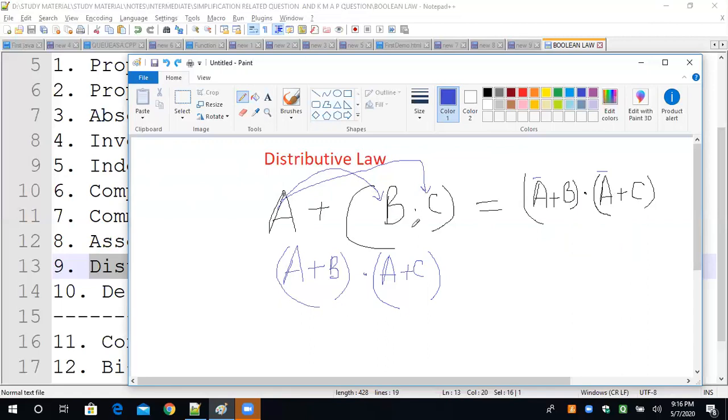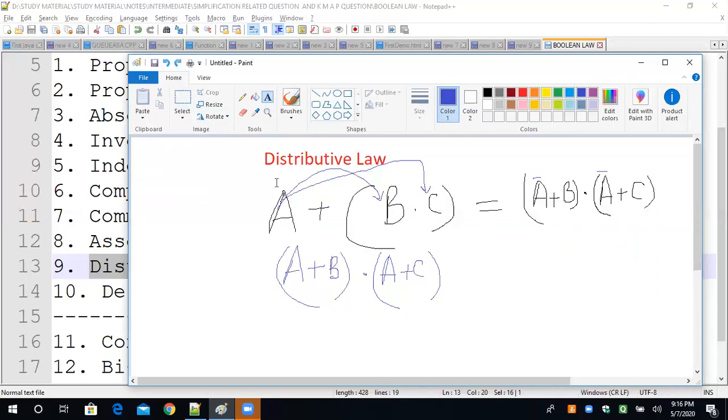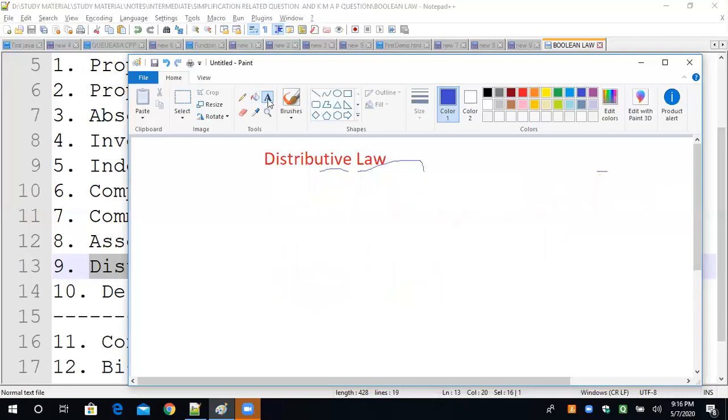Similarly, we can do one more modification with this. A dot, and inside B plus C, will be equal to AB plus AC.